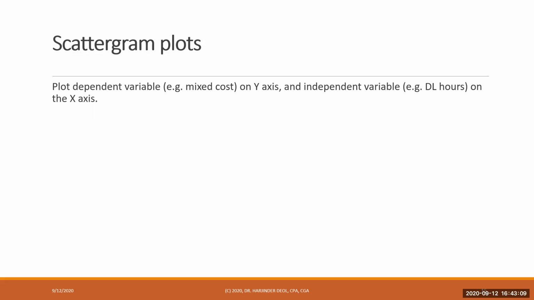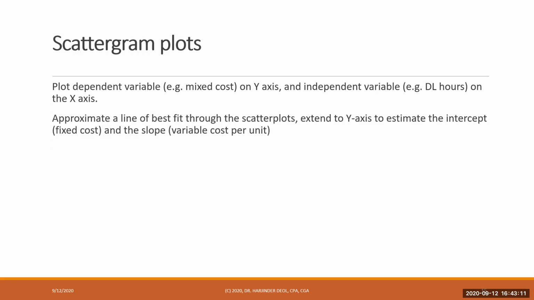And we use the plots and try to approximate a line of best fit through those scatter plots, extended to the y-axis to estimate the intercept, which is the fixed cost portion, and the slope, which is the variable cost per unit.